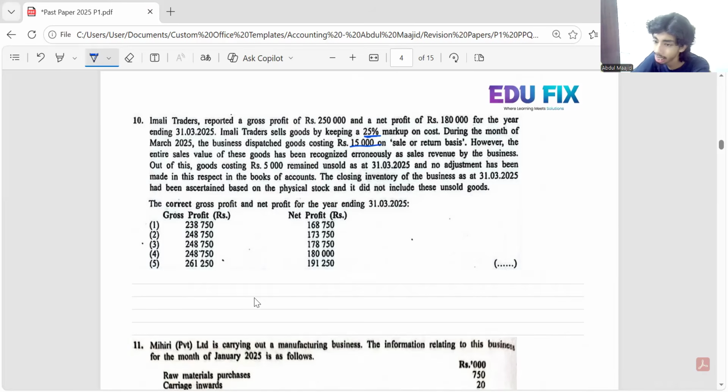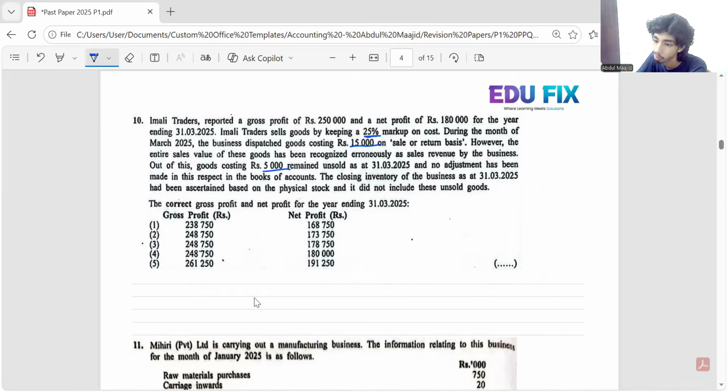However, the entire sale value of this good has been recognized erroneously as sales revenue by the business. Out of this, goods costing 5,000 remained unsold as at 31st March 2025, and no adjustments were made in this respect. Closing stock was calculated based on physical stock count.